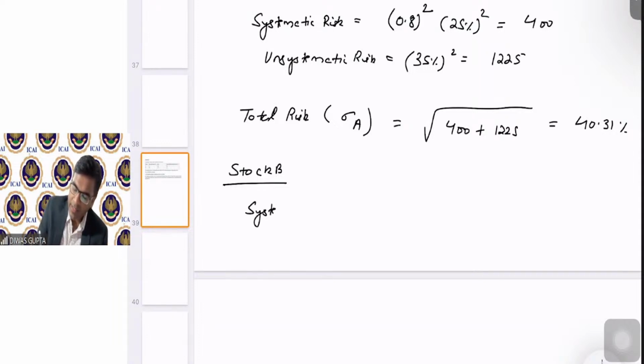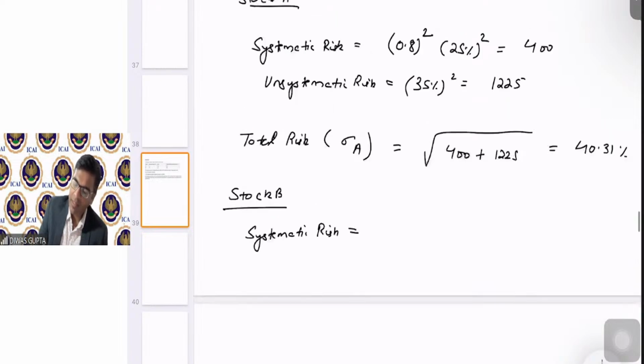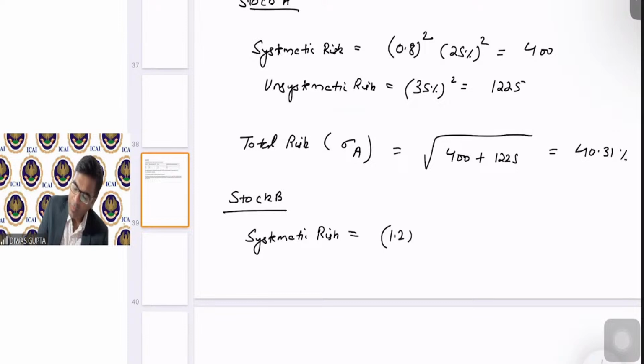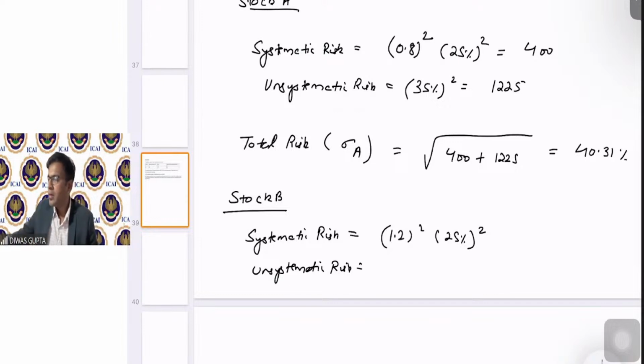So the systematic risk for stock B will be beta, which is 1.2 square standard deviation of market square, and unsystematic risk will be 45, sorry, 45 square.